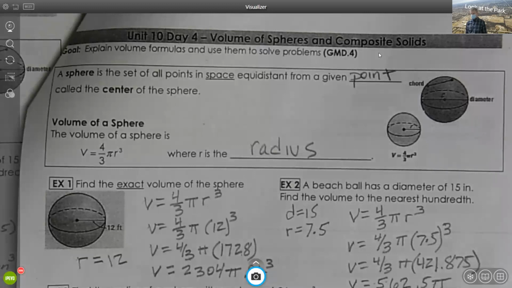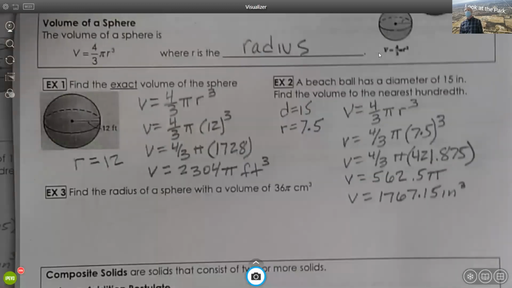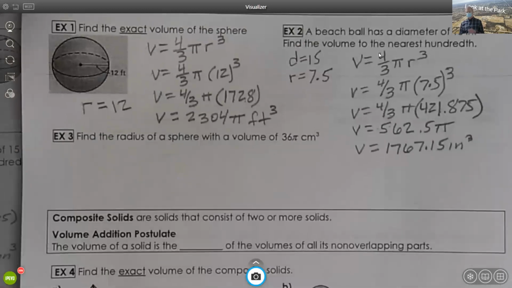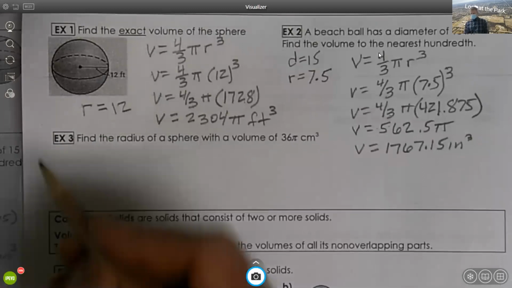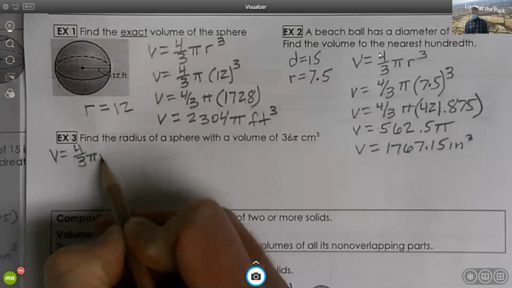Okay. The next one says find the radius. All right, when it says find the radius, we've got to work backwards a little bit. So we're going to start out with our formula, 4/3 pi r cubed.